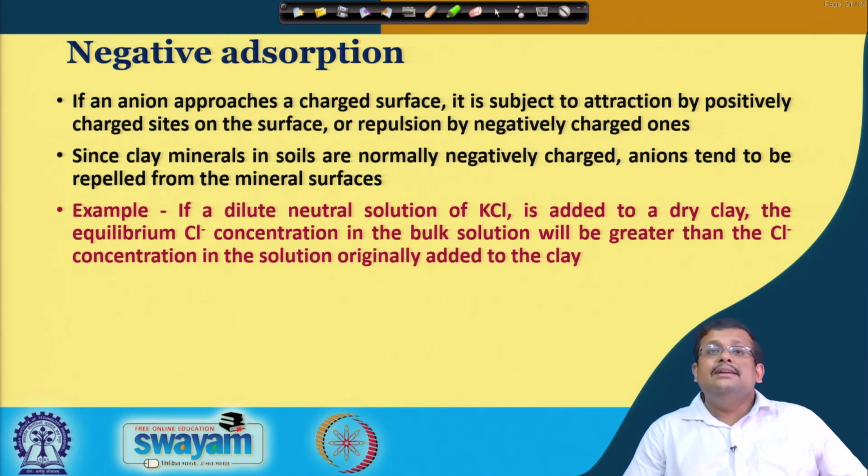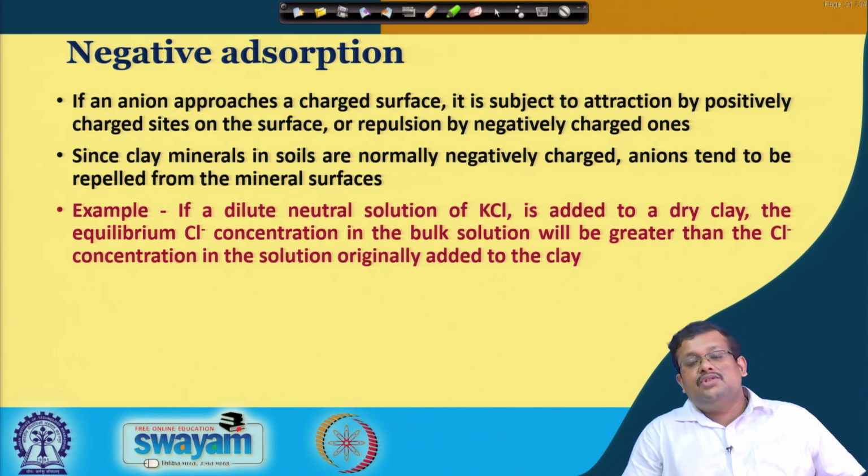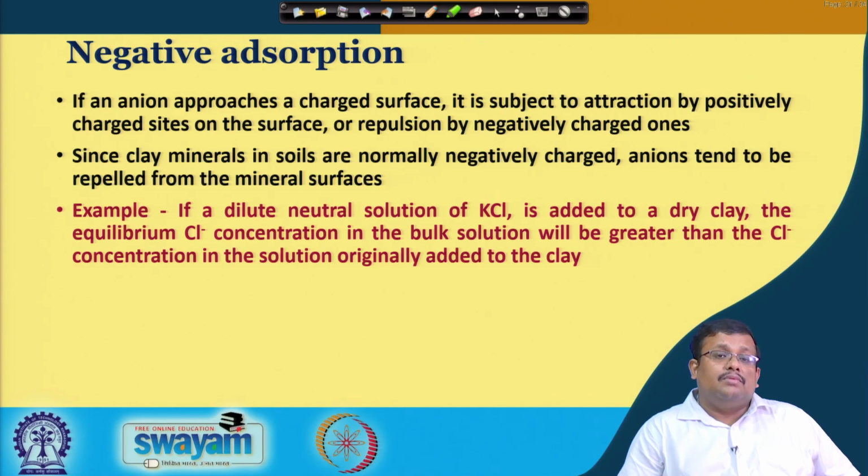So, basically the clay is negatively charged. When we add potassium chloride, which dissociates to potassium ion and chloride ion, the concentration of chloride will be higher in the bulk solution than that originally added to the clay, due to this negative adsorption.